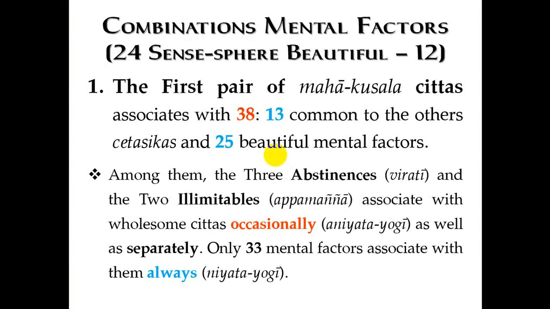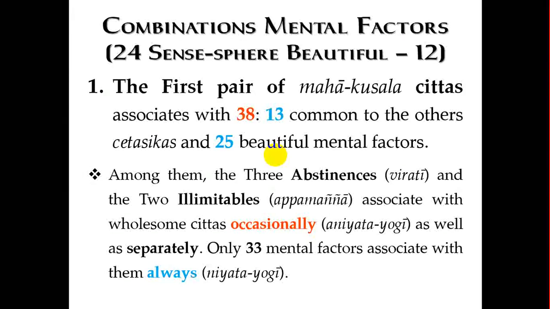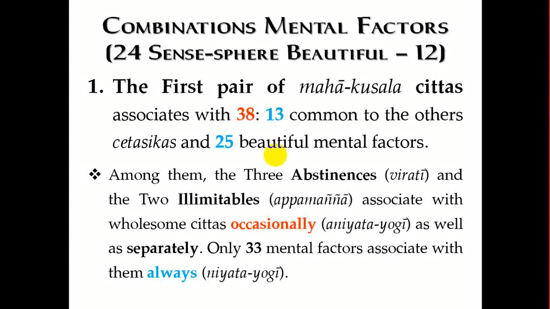Okay, so the first pair of Mahakusala associate 38. But the second pair of Mahakusala will associate only 37. We have to exclude the faculty of wisdom. The reason is that two pairs of Mahakusala Cheta are dissociated from knowledge, right?